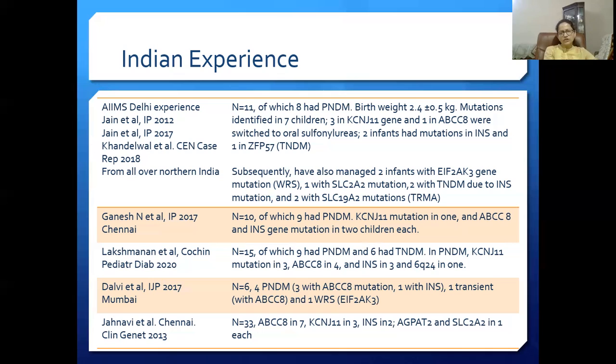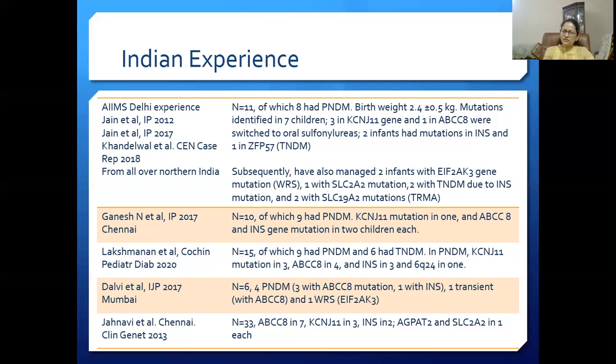Subsequently, we've also managed infants with Wolcott-Rallison syndrome, 1 infant with Fanconi-Bickel syndrome with transient neonatal diabetes, and 2 with transient neonatal diabetes due to INS gene mutations, and also 2 with SLC19A2. What is SLC19A2 mutation? This mutation is responsible for thiamine responsive megaloblastic anemia. So these babies typically do not present very early.